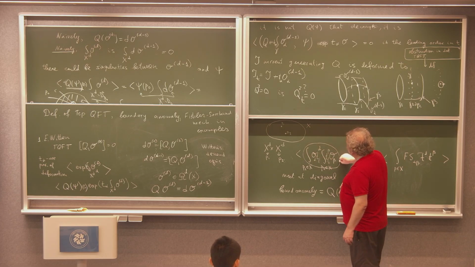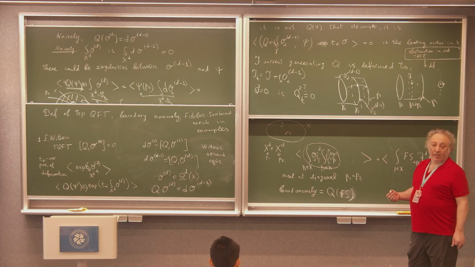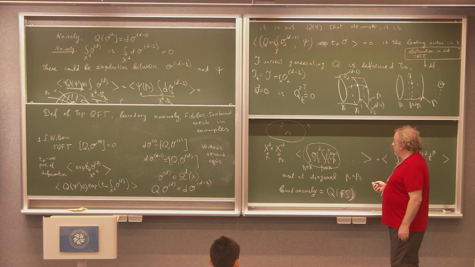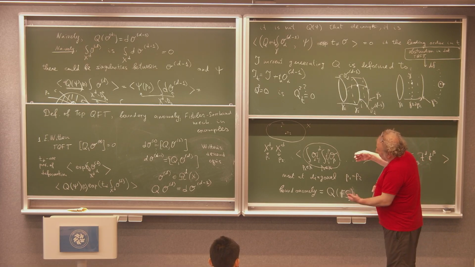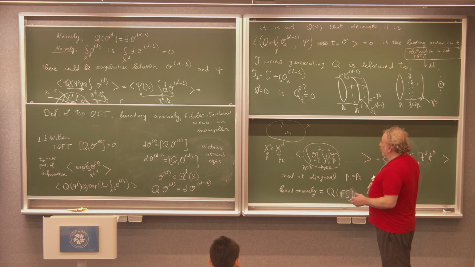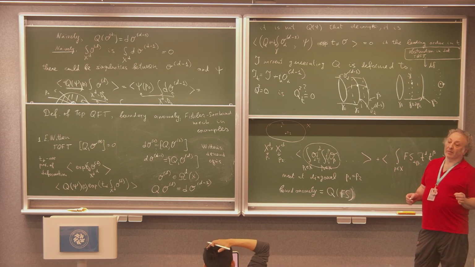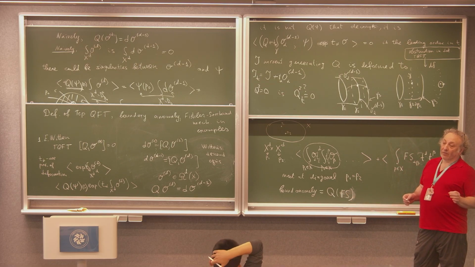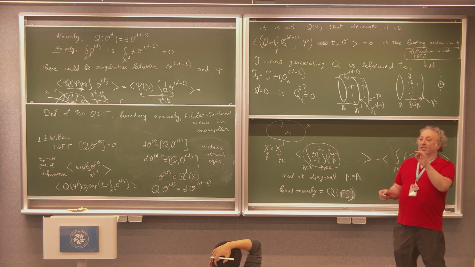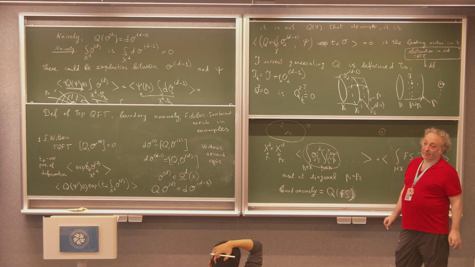Boundary anomaly coming from here. So how would I get this boundary anomaly coming from here? I act by Q. Action by Q sends me to the boundary of the configuration space. The boundary of configuration space is the position of a point and the point around it.